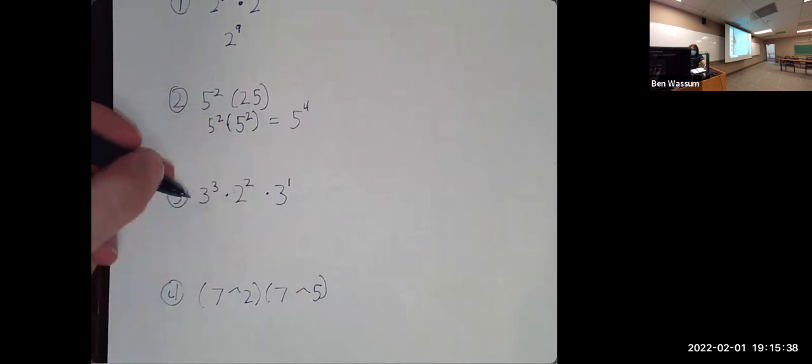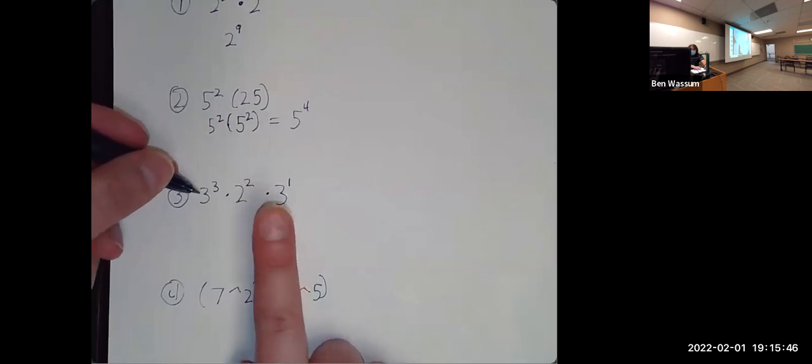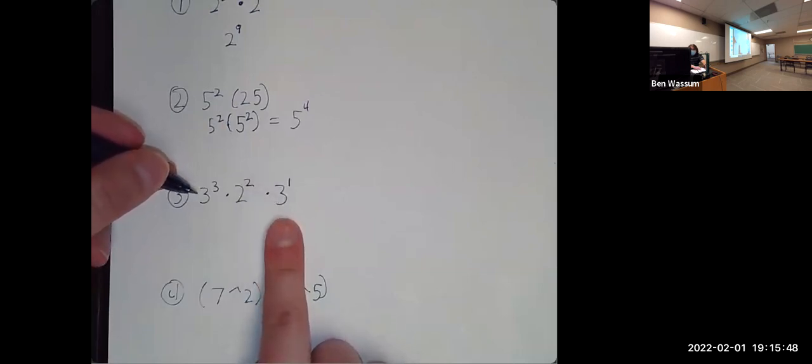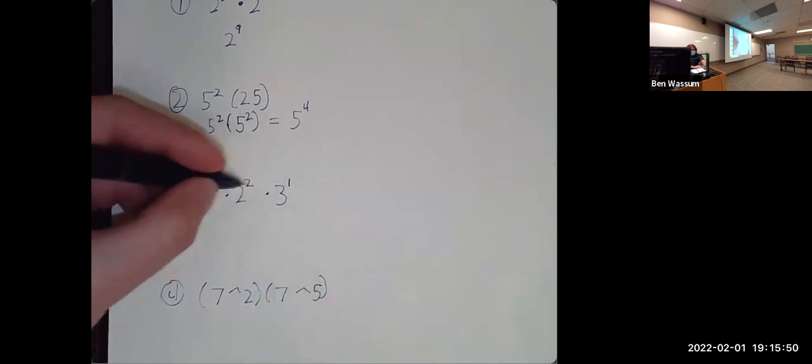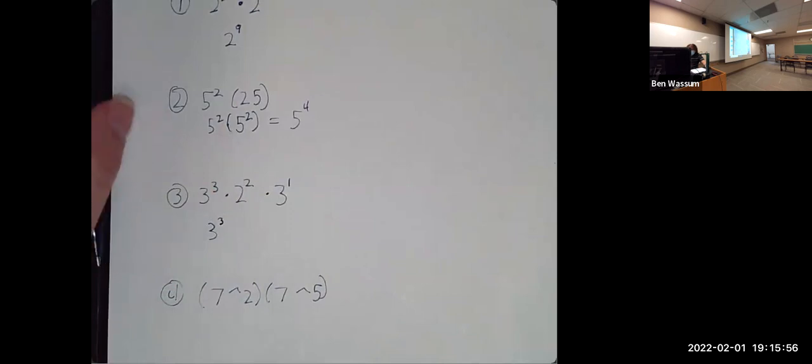And say, if I'm multiplying all these guys together, these guys go together really nicely, right? That 3 cubed and that 3, we could multiply those together and we would have a grand total of 4 of those 3s.